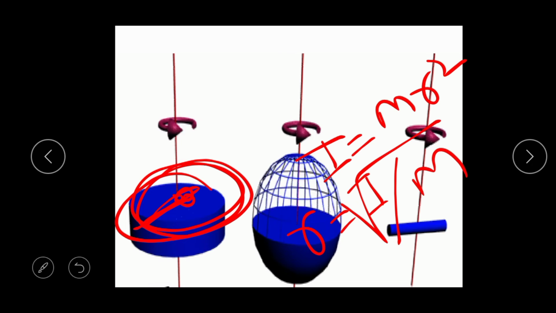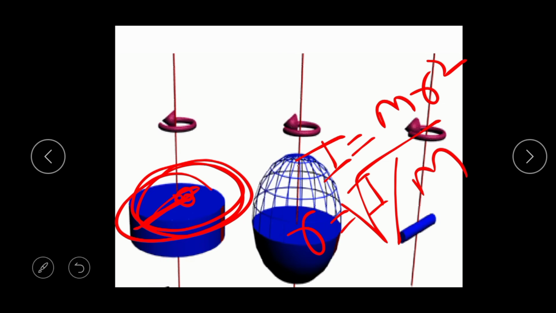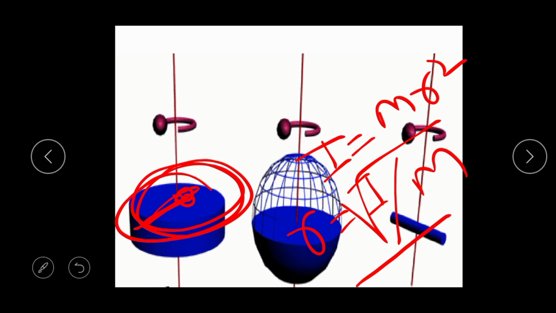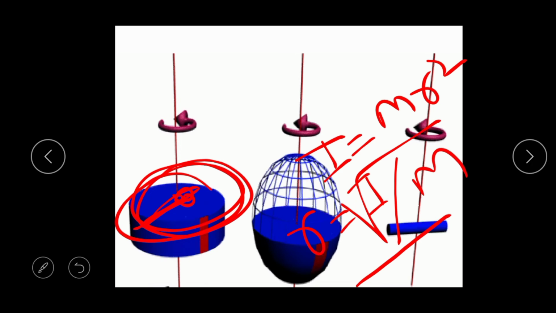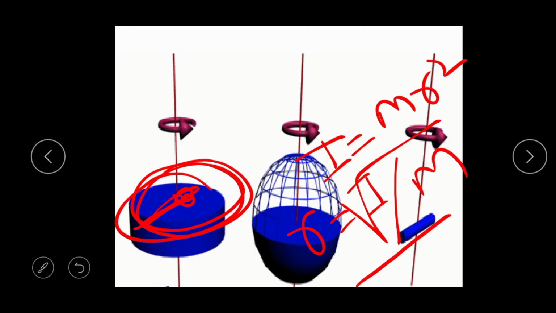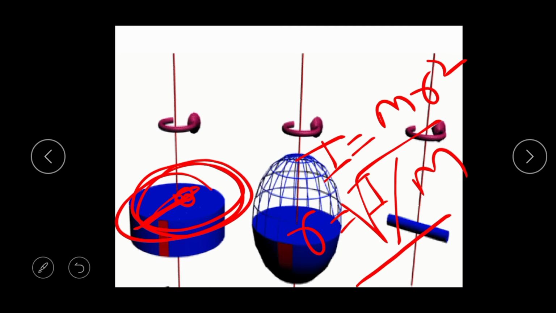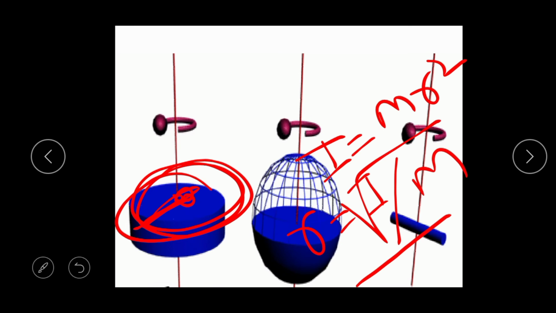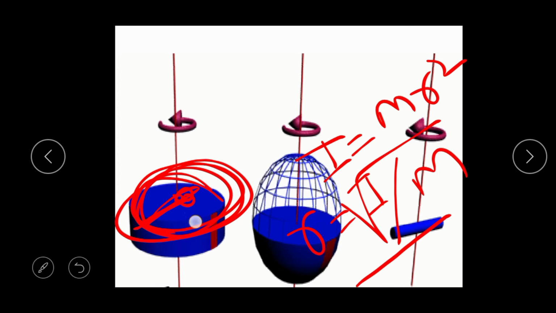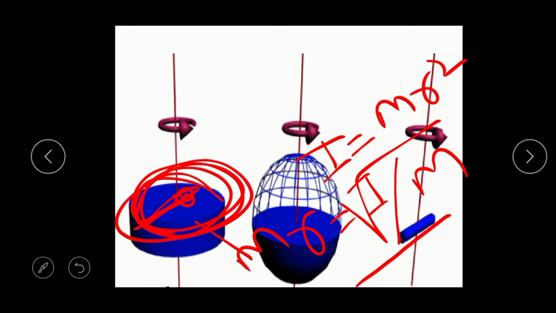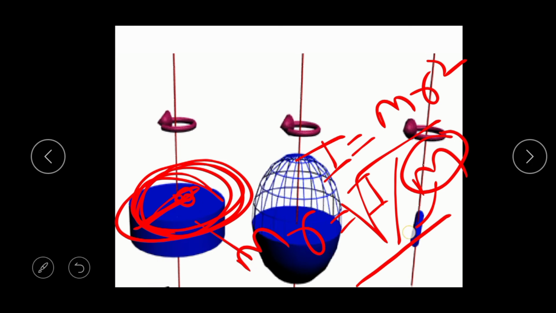That radius of gyration can be found out by taking the square root of the ratio of moment of inertia and the mass of the object for which we are calculating the moment of inertia. Here m is the mass of the whole object.